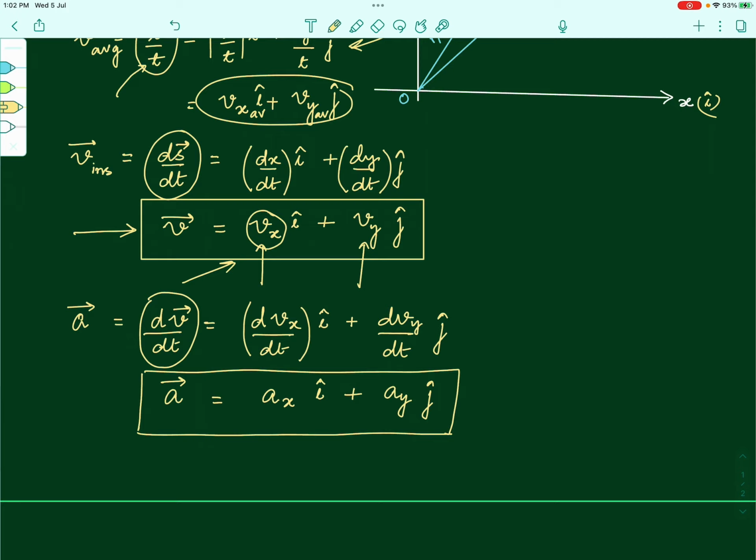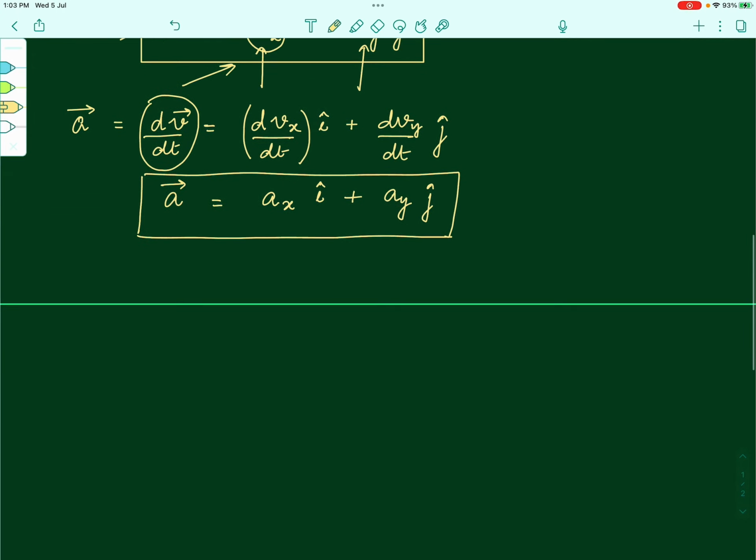Okay. In fact, once we understand this, we can go further and say that if the acceleration of the particle along the x-axis is a constant, that means it does not change, then we can go back to our study of uniformly accelerated motion, knowing that when the motion is uniformly accelerated, the equations of motion are valid.